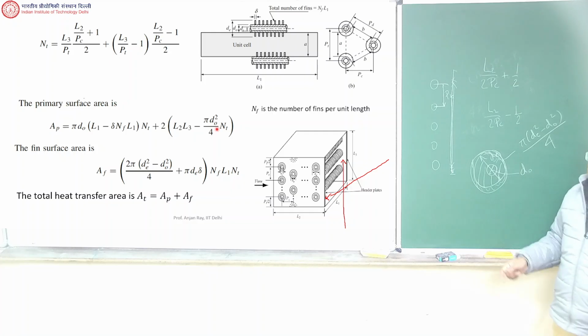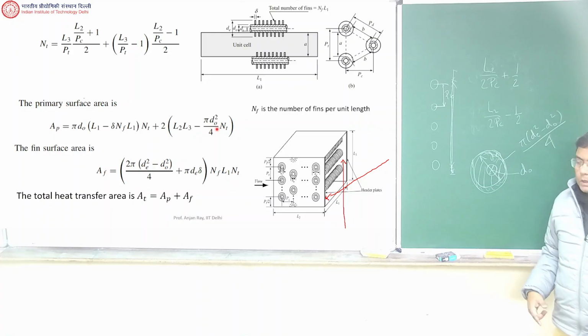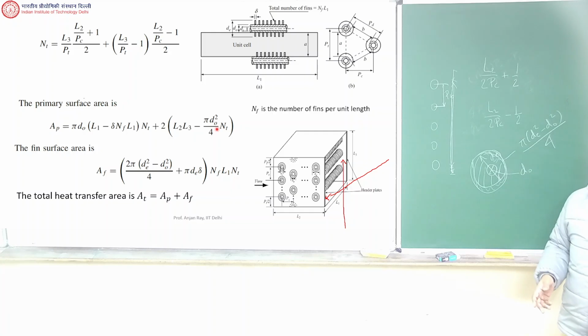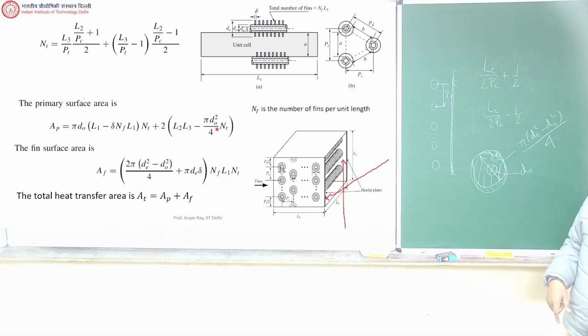You open the book, cut this figure and paste it on a Word file, and just keep the Word file in front of you, and in your copy just write these expressions. Then go back to the book and check whether these expressions are correct or not. Okay. So that's AF, and the total heat transfer area is A primary plus A fins.